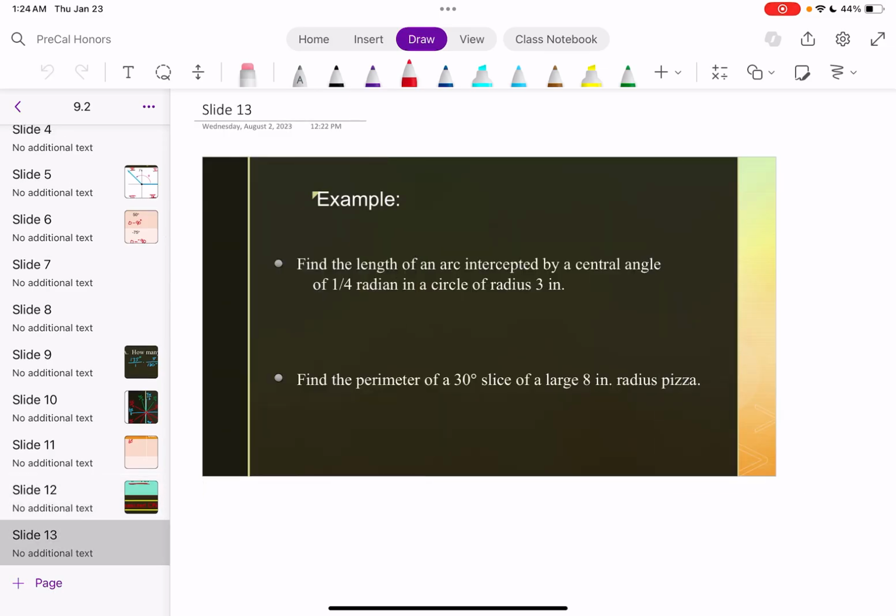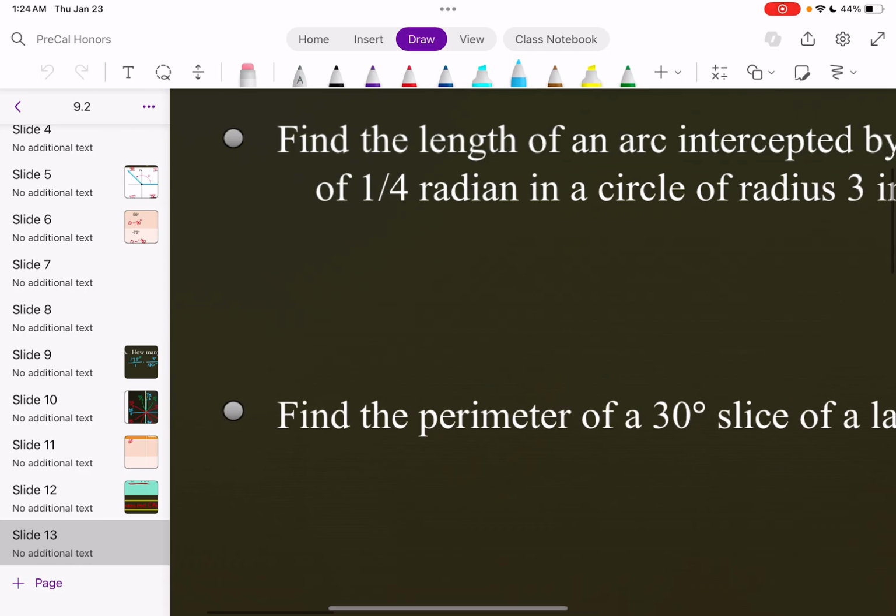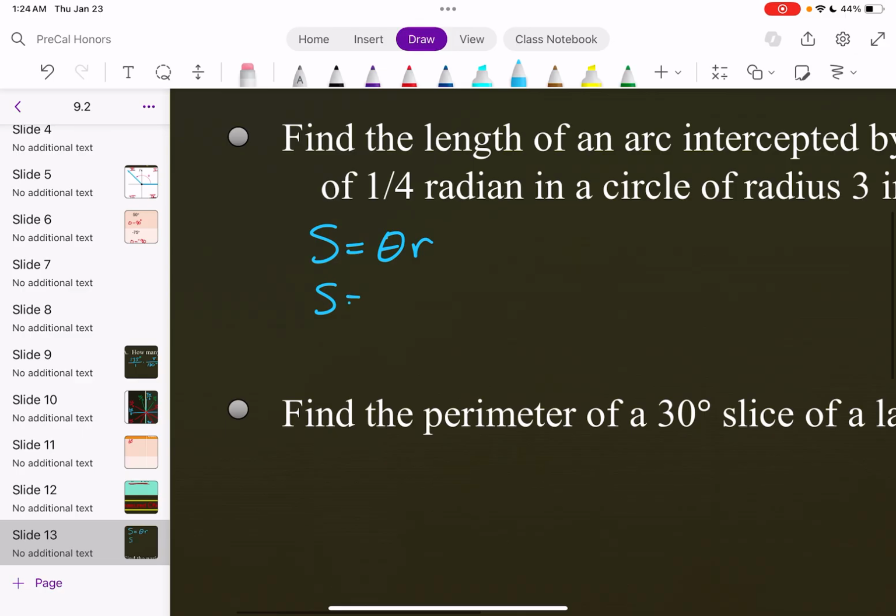In slide 13, it says find the length of an arc intercepted by a central angle of pi over 4 in a circle of radius 3. So this would be very, very simple. S is equal to theta times R. So S is equal to pi over 4 times 3.